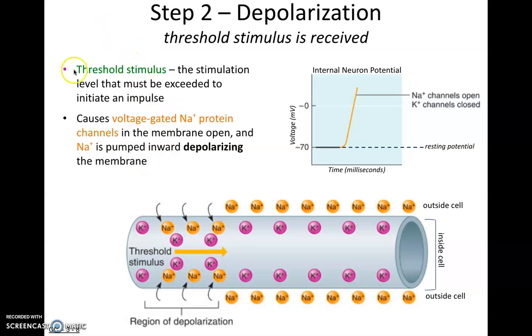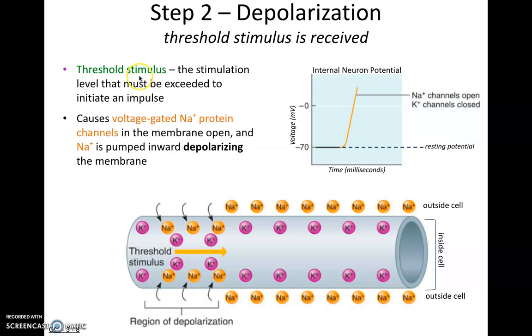So once that threshold stimulus is reached, voltage-gated sodium ion protein channels open up in the membrane. Remember from our background information, the voltage-gated protein channels need to have some sort of stimulus in order for them to open up and allow the materials that they transport to move in and out of the cell.